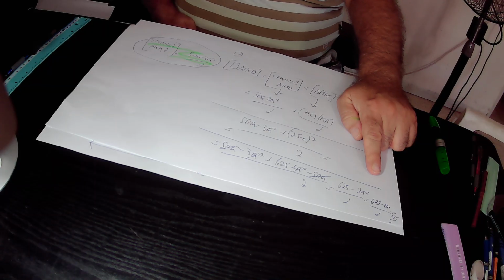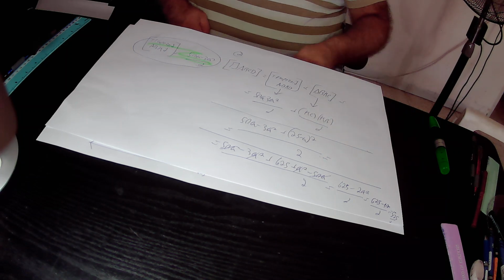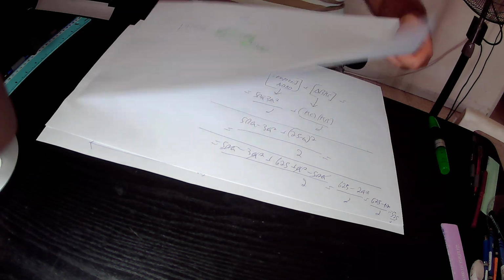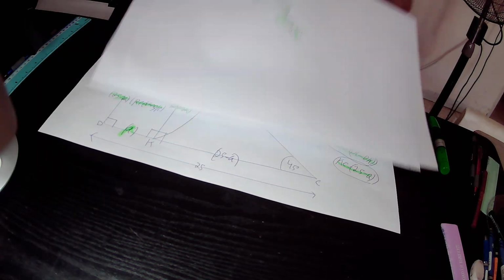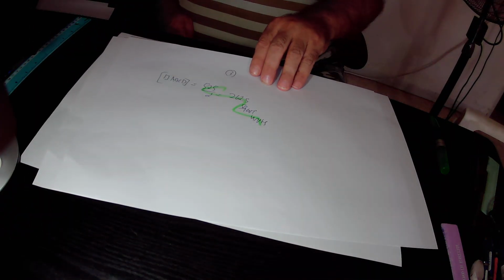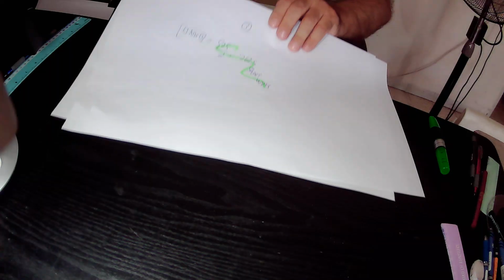So in total the area of the quadrilateral ABCD equals (625 minus 100) over 2. 625 minus 100 is 525 over 2. So we found out that the area of this big quadrilateral ABCD in total is equal to 525 over 2, that is 262.5 square meters in size. So we finish with the first method.